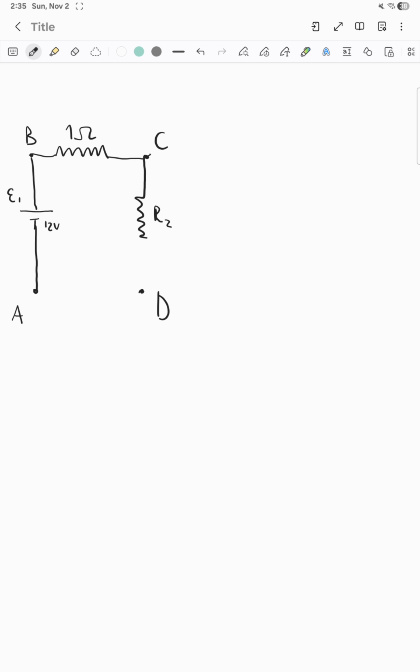And then you go to D, and then you have your second battery, epsilon 2, which here is given to be 5 volts. It goes to A just like that. Just like magic.